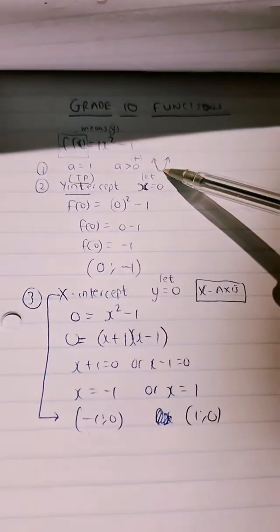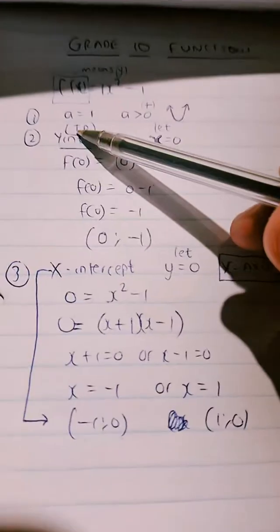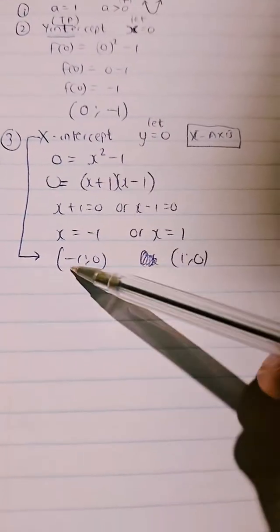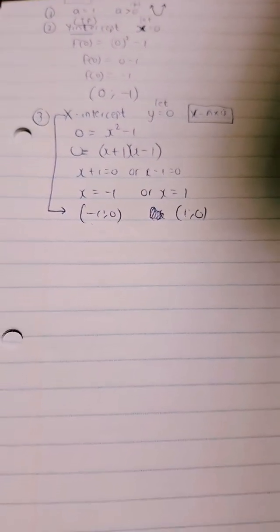Okay, now that we have the shape, we found our y-intercept, which is also our turning point, and we found our x-intercepts, we are ready to sketch the parabola. So we draw our Cartesian plane, y-axis, x-axis. You use a nice ruler, not like me freehand. Y-intercept, remember 0 and -1.